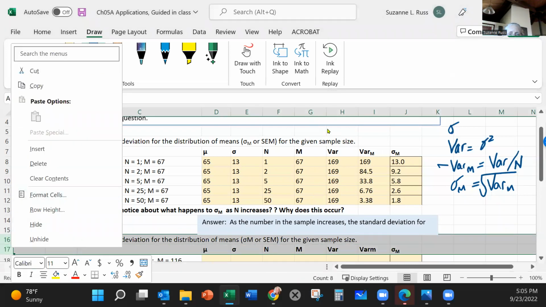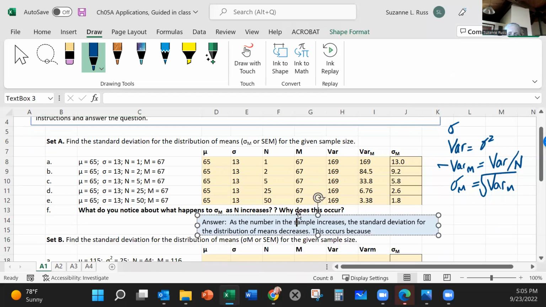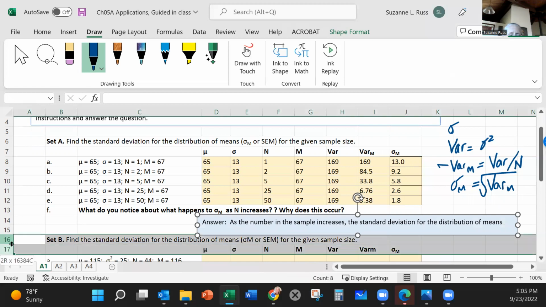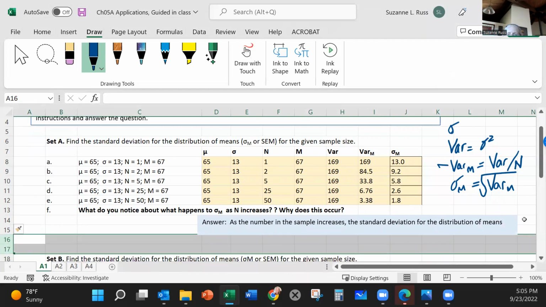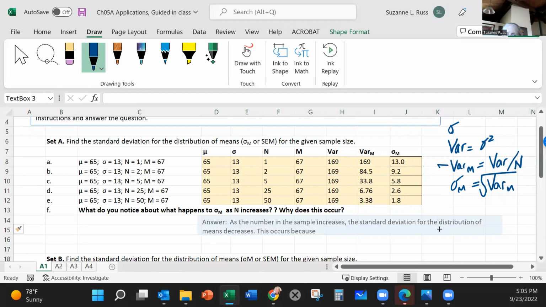What I need is a little more space here, and I can do this in two ways. I need more space to write. I can either make this box wider this way, or I can just add a couple rows here by highlighting these two rows and clicking insert. Now I have a little more room to write. I think I'm going to do it that way so I can just keep seeing what I'm writing a little better.